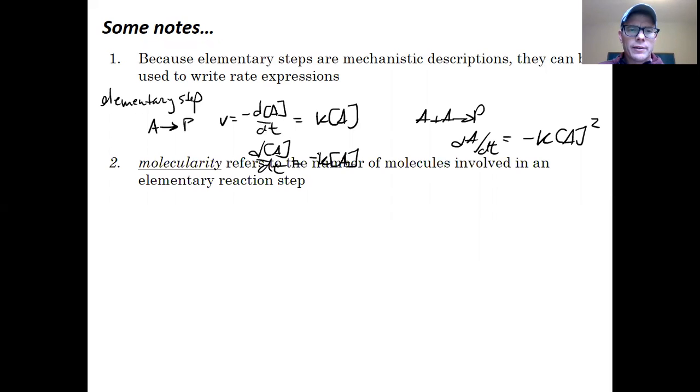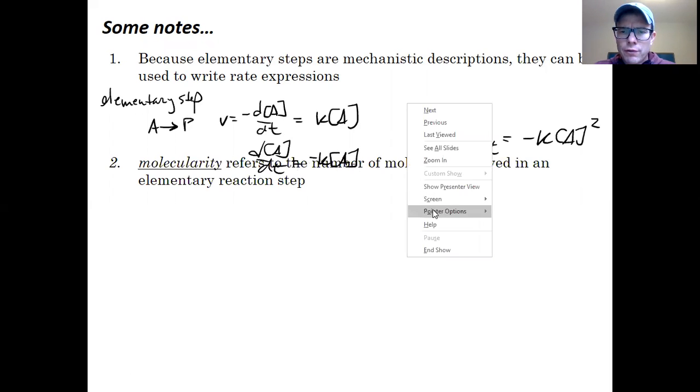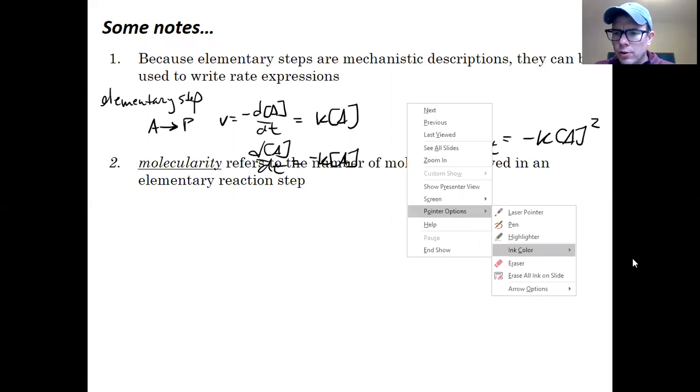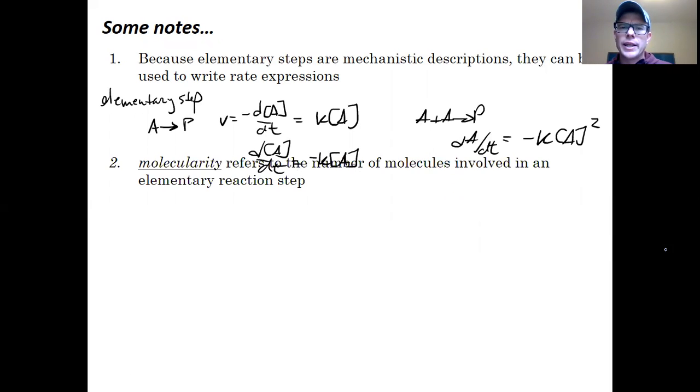Got a little cut off there, but we actually don't refer to reaction order with elementary steps. Instead, we call it molecularity. So if you look carefully, you might be able to read this. The molecularity refers to the number of molecules that are involved in an elementary reaction step. So the first one, where there's just one molecule, would be referred to as a unimolecular reaction.